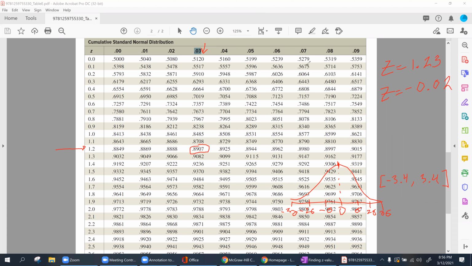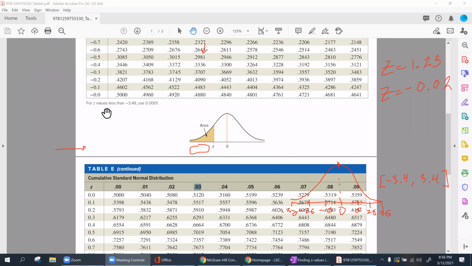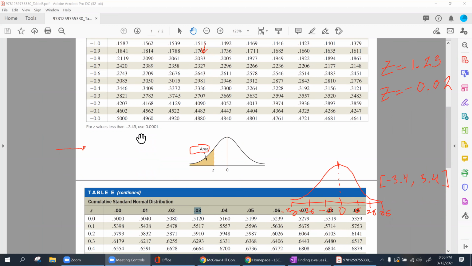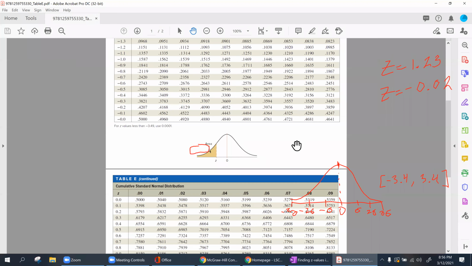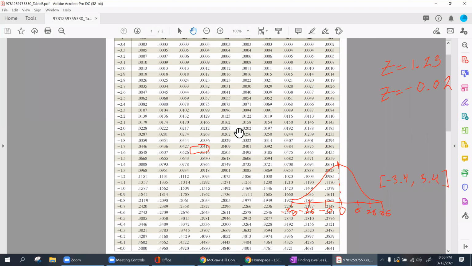If you were asked to find, let's say, negative 0.02, you look for the first 2 digits, negative 0.0. Let me clear this up, I need more space.